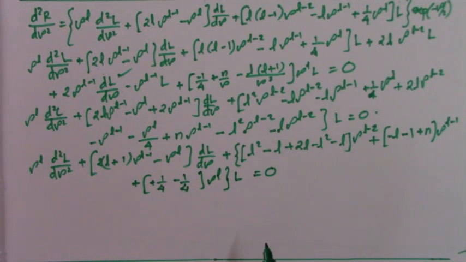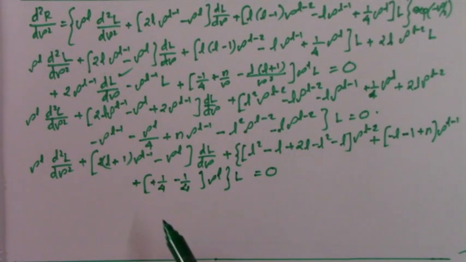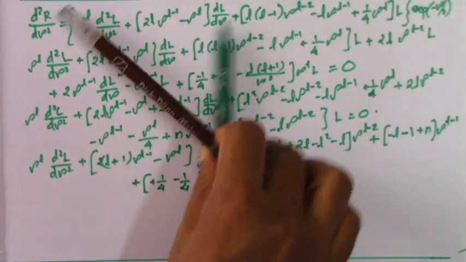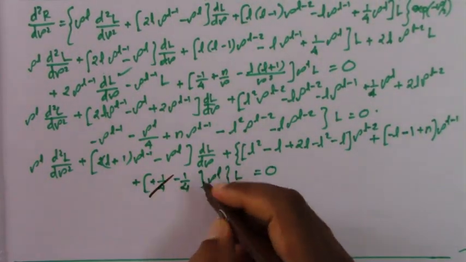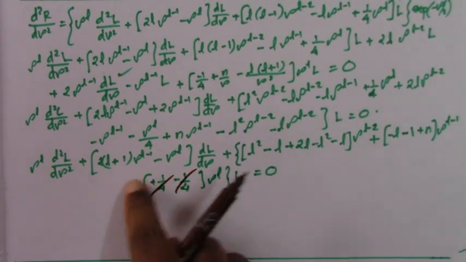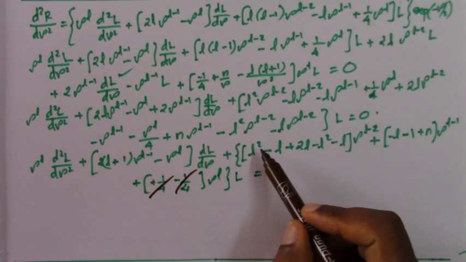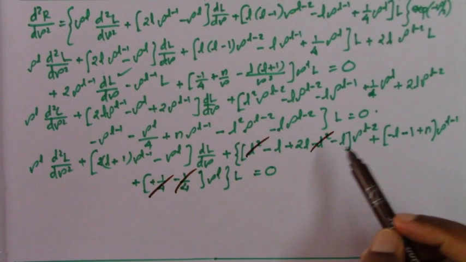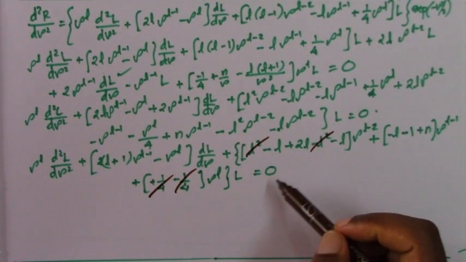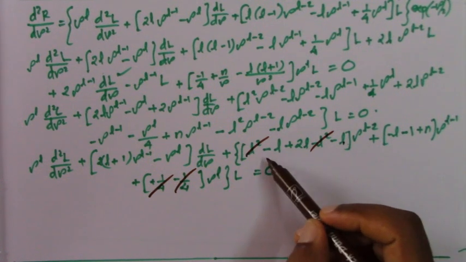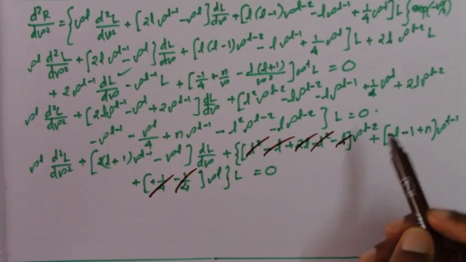So we have again a simplified equation, because plus 1 by 4 and minus 1 by 4, plus 1 by 4 and minus 1 by 4, these will be cancelled. So this term is gone. Then L square minus L square, minus L, that is minus 2L, and plus 2L. So these will all be cancelled.